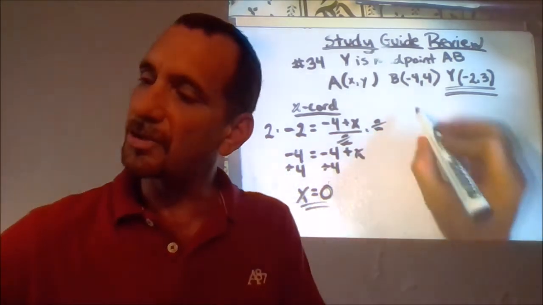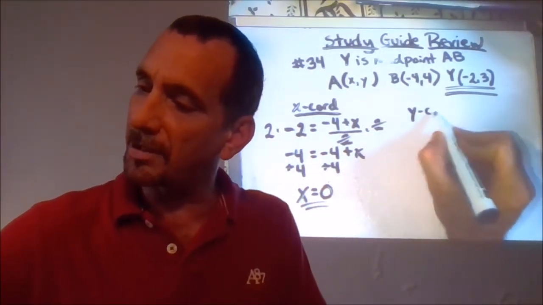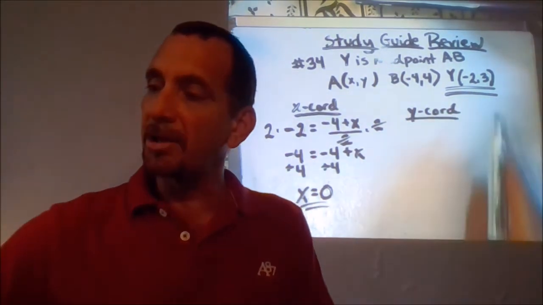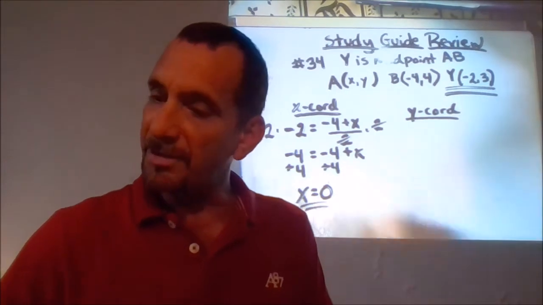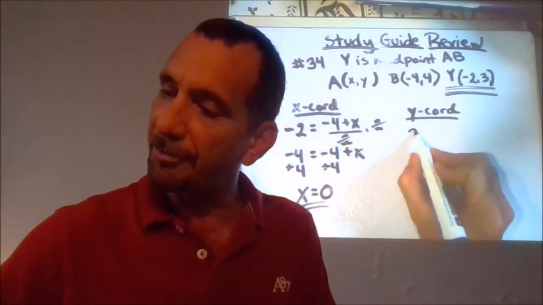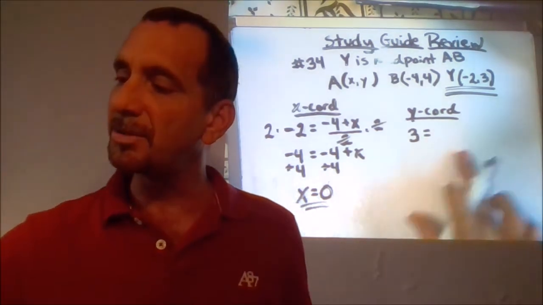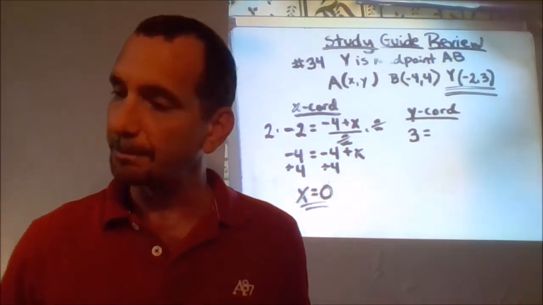Okay, so now let's go to the y coordinates because we're treating each coordinate separately. And we're going to look right at that midpoint first, and we're going to put that midpoint 3 on the left side of the equal sign, and then we're going to do the average of the y's.